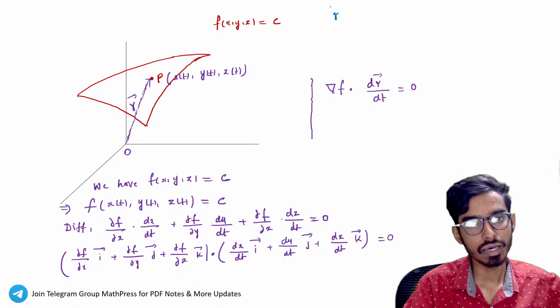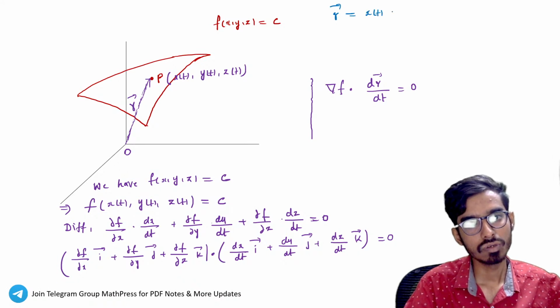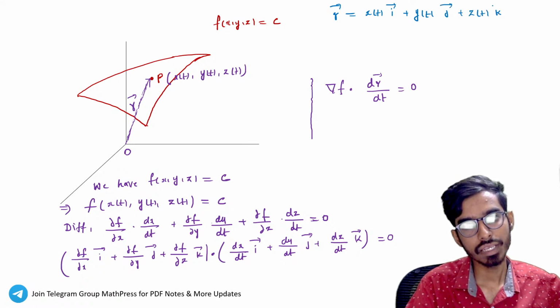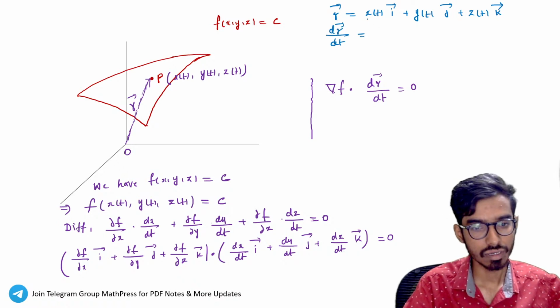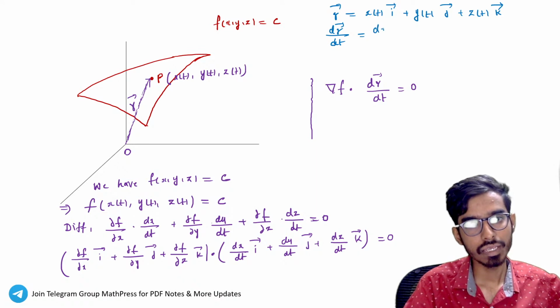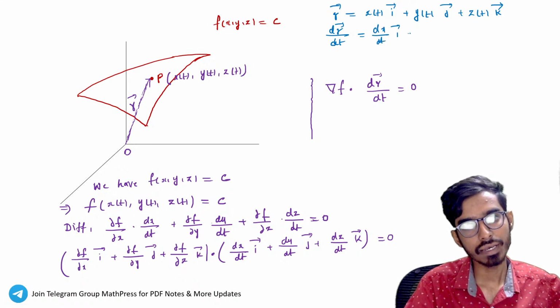We have the r vector equal to x of t i vector, y of t j vector, z of t into k vector. So dr vector by dt will be dx/dt i vector, dy/dt j vector, dz/dt k vector, right?